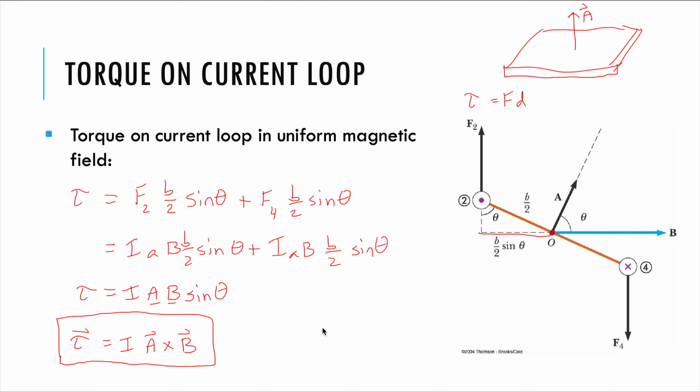Back in video 512, we were talking about electric dipoles, and we found the torque on an electric dipole, and it was the electric dipole moment cross electric field. So an electric dipole in an electric field rotates, and a magnetic dipole in a magnetic field will also rotate. So that's a nice comparison to make, and I will see you in the next video.